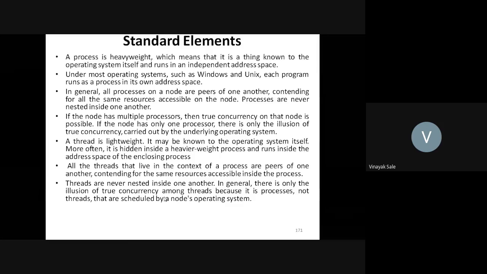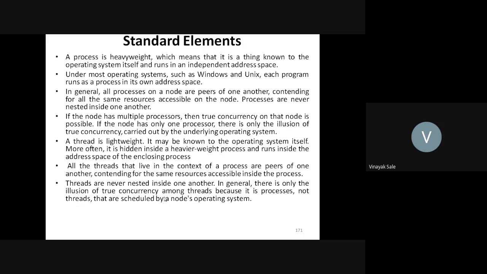So what are the standard elements? A process is heavyweight, which means that it is a thing known to the operating system itself and runs in an independent address space. Under most operating systems such as Windows and Linux, each program runs as a process in its own address space. In general, all processes on a node are peers of one another, contending for the same resources accessible on the node.